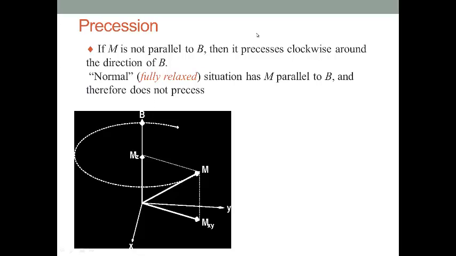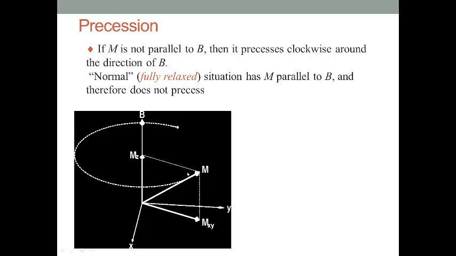In fact, just now the M is parallel to B. M is the net magnetization. If M is not parallel to B, what does M do? This net magnetization, if it is not parallel to B, will precess clockwise around the B direction.